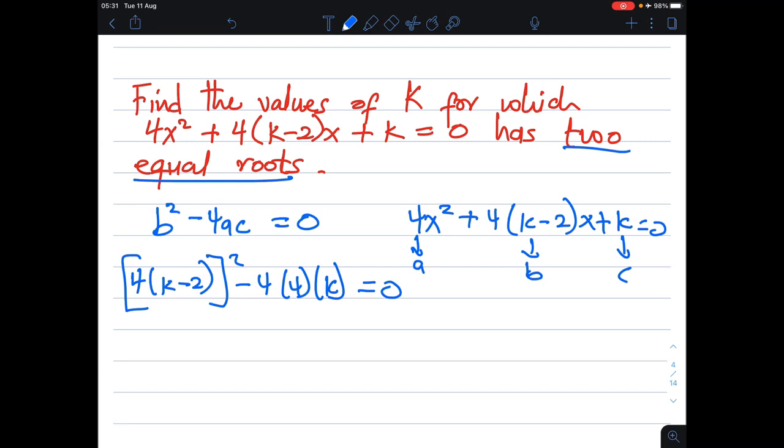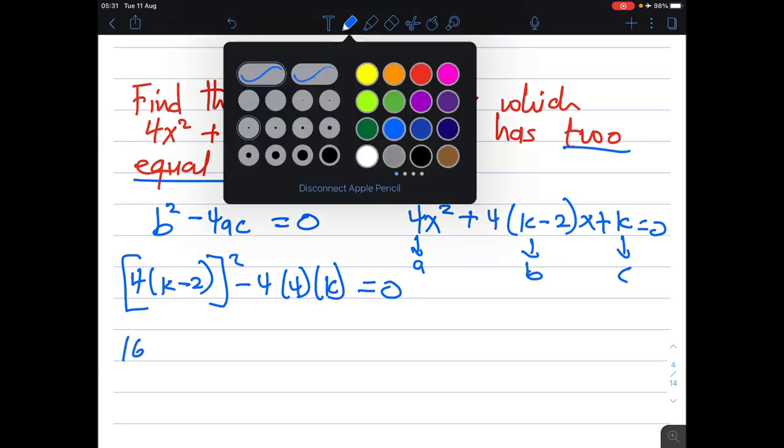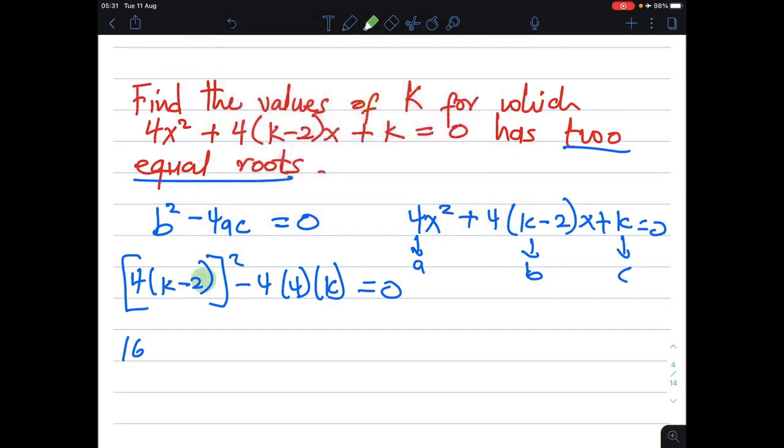Okay, so this means you have 16. Of course, you can decide to solve what you have here before you apply this. That is fine. Any way is good. So you have this, then 16k equals 0.